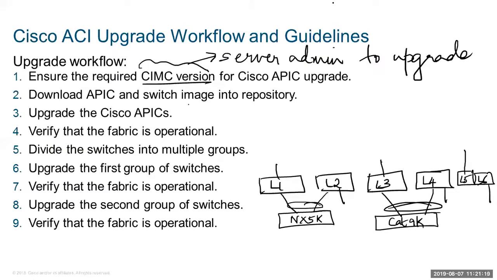It stands for the Cisco Integrated Management Controller. It's kind of like HP has iLO and Dell has DRAC. They all have their own chipsets for out-of-band management. So you do need a certain release of CIMC in order to upgrade your APIC controller firmware.